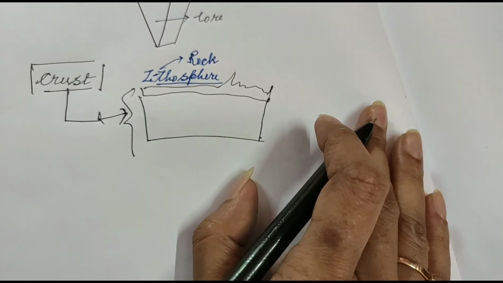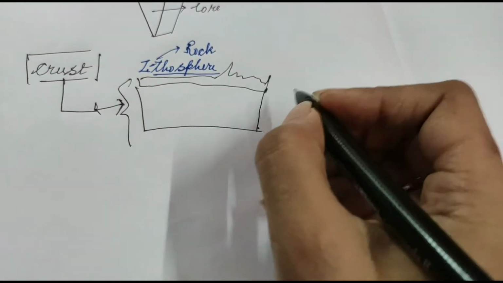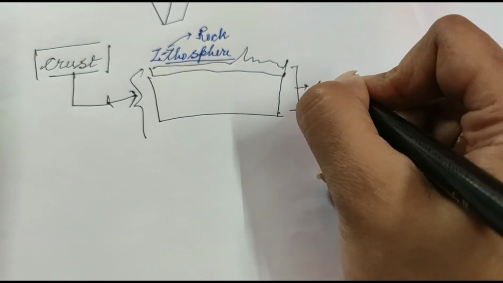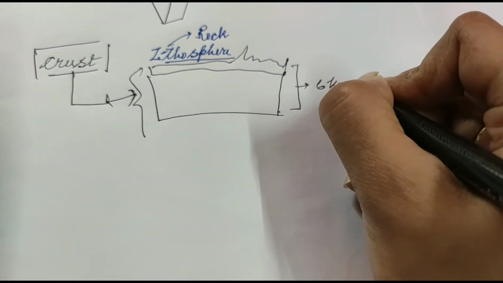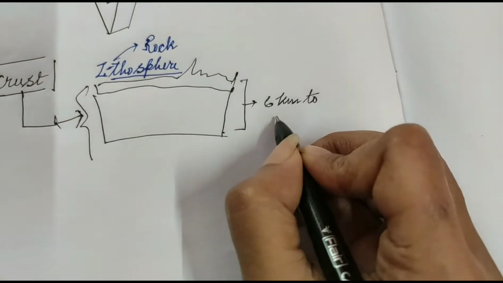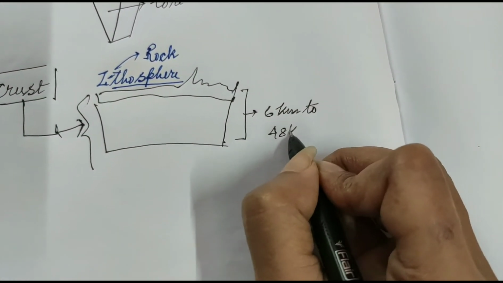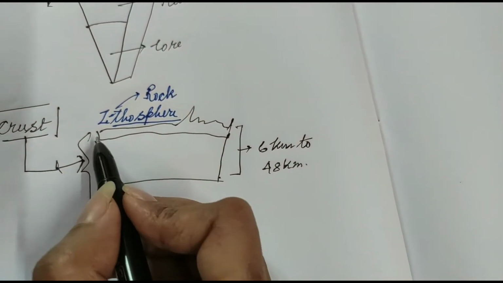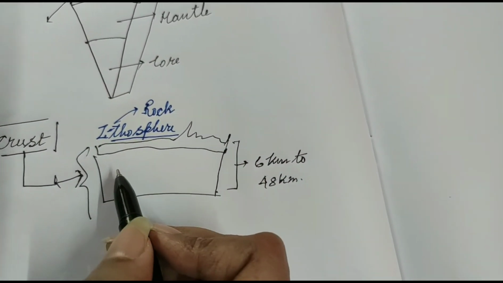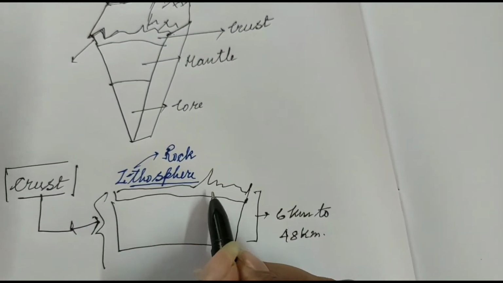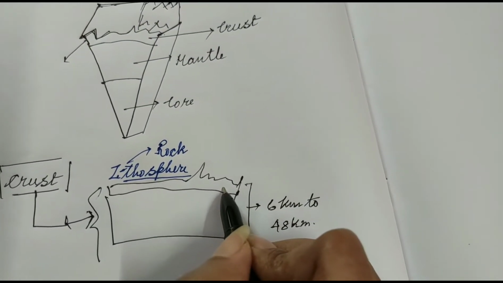This total portion has a total depth of 6 kilometers to 48 kilometers. Now here are two parts. This is the upper part of the crust.